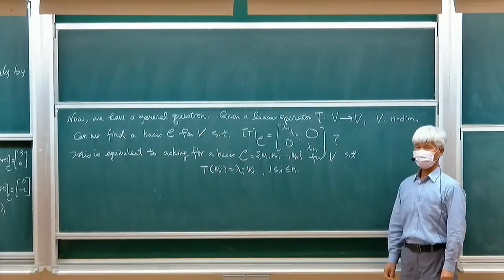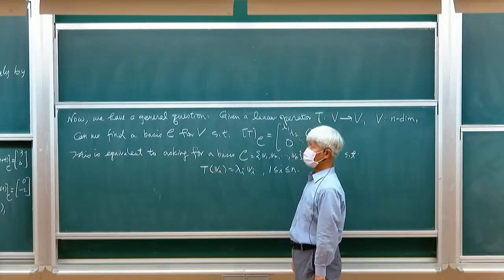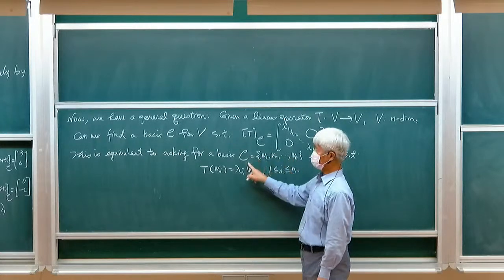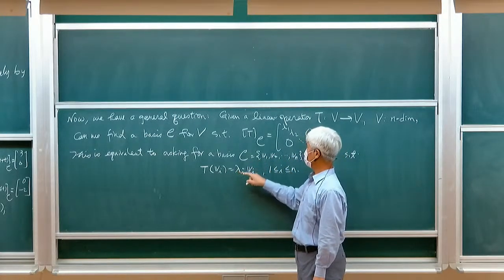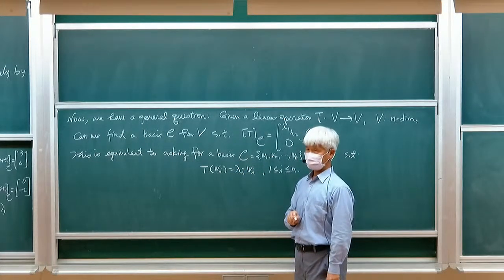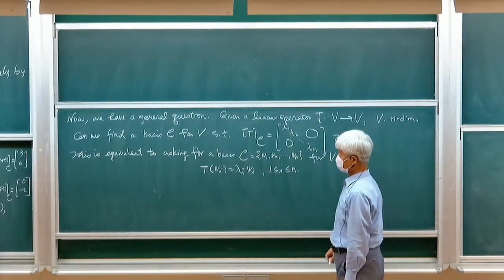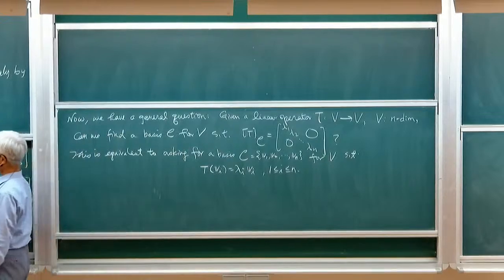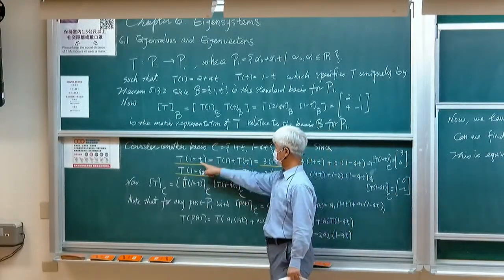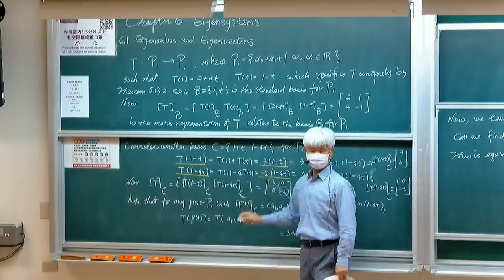So this is equivalent to saying that you require the image of each vector in the basis to be a multiple of the same basis vector vi. Okay? So just like in here, 3 is obtained here, and minus 2 is obtained here.